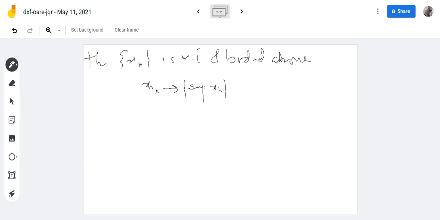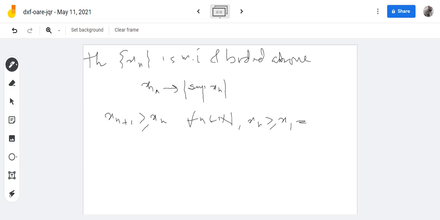Okay, first of all, the sequence is monotonic increasing. What do you mean by a monotonic increasing sequence? That is, xn plus 1 is always greater than or equal to xn. Then we can say that for all n belonging to N, xn is always greater than or equal to x1. x1 is the smallest one.